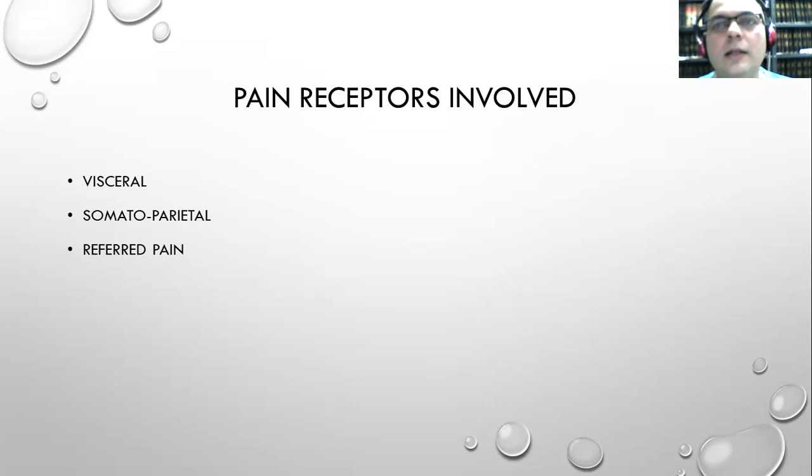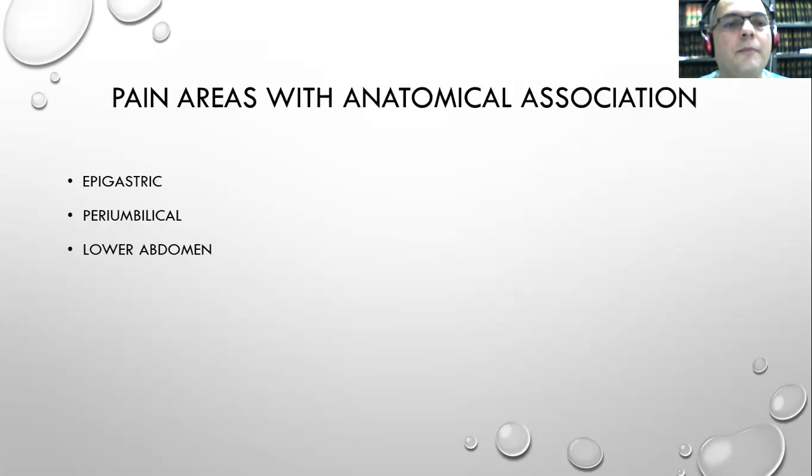And the third one is a referred pain, where we don't have the pain receptors at a specific point, but at the point where the pain is felt, an organ has been supplied by some specific nerve, and the same nerve supplies another part also, and therefore the pain from where the parietal or the somatoparietal receptors have received that pain, the same pain will be felt in other places where the same nerve intervenes, and therefore that is called referred pain.